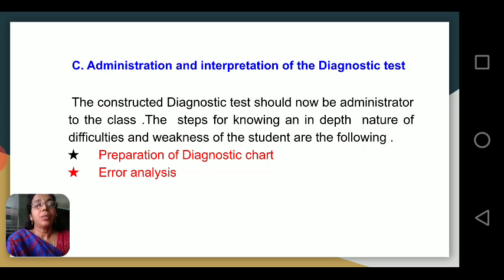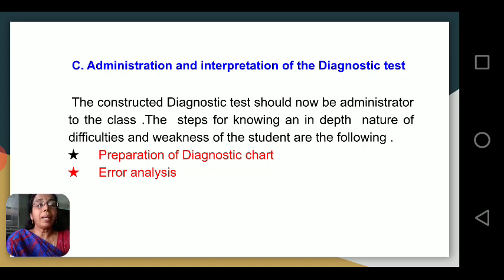For that, you take the answer scripts of the students one by one and prepare a table in which you mark the right response with a tick mark and the wrong response with a cross mark. This is the diagnostic chart.